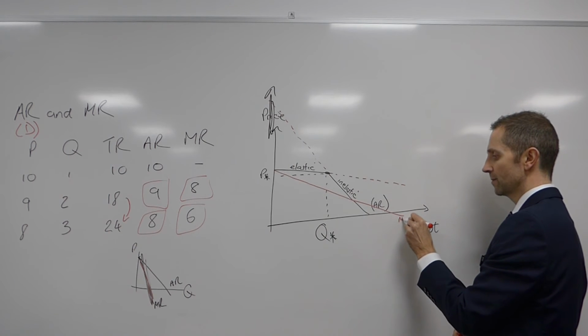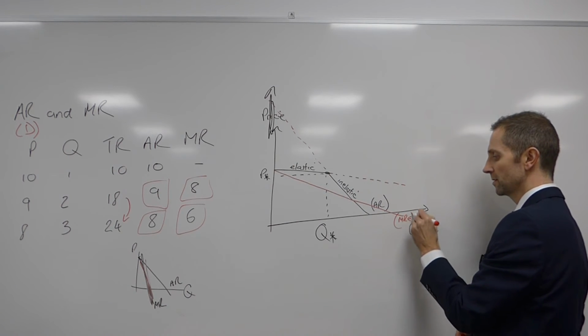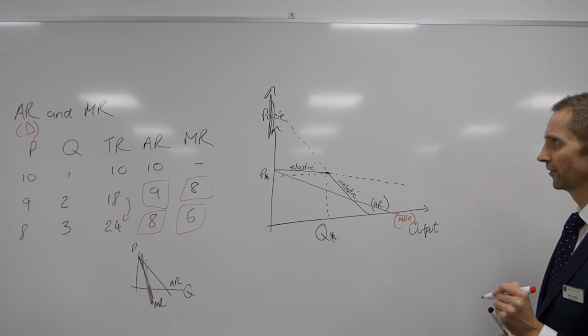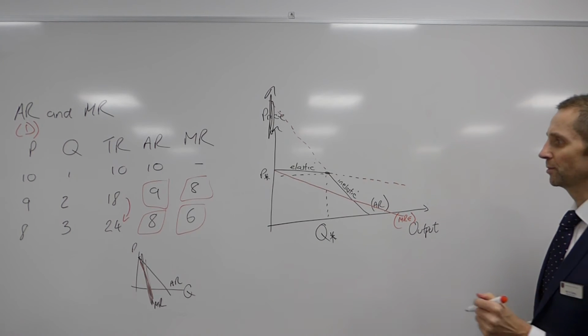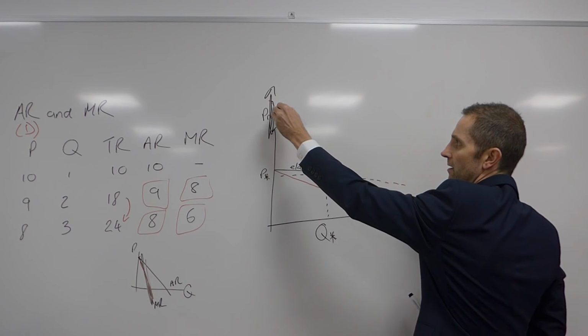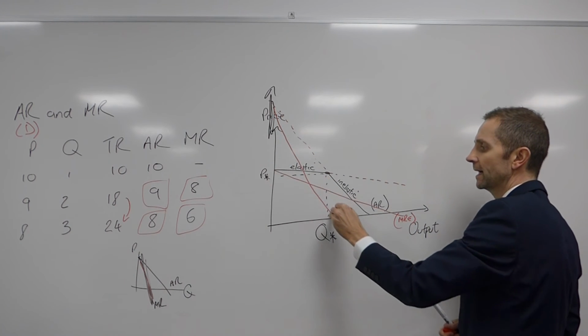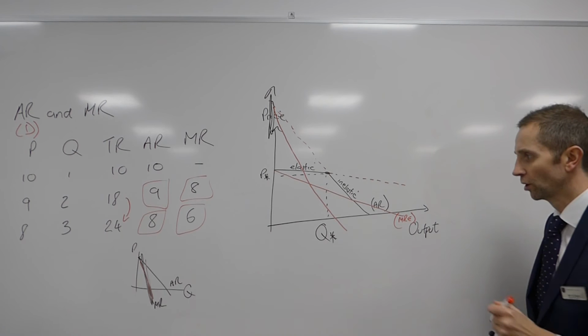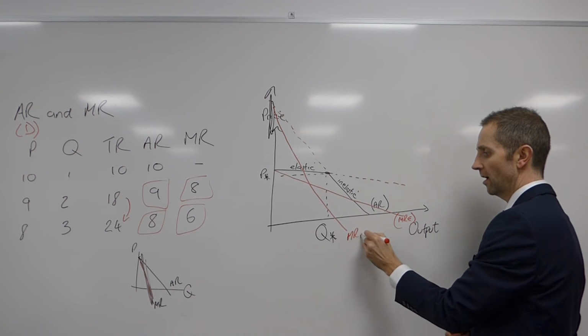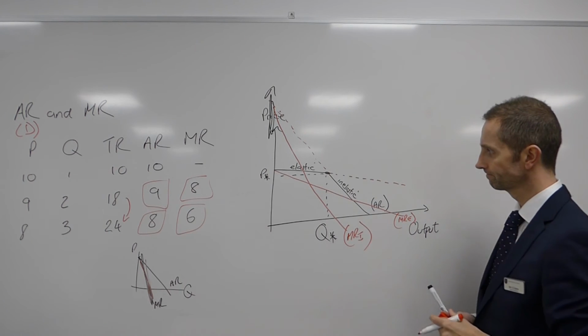So it would be the MRE, if you will, the marginal revenue for the elastic curve. And then we would also be having a much steeper one coming from the inelastic curve, which we'll call MRI, like so.